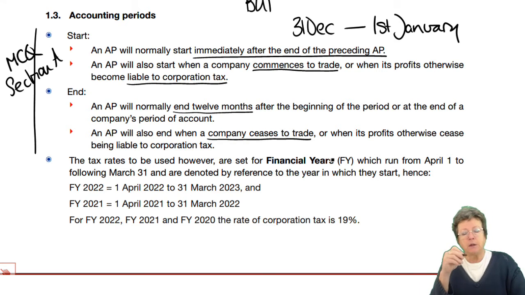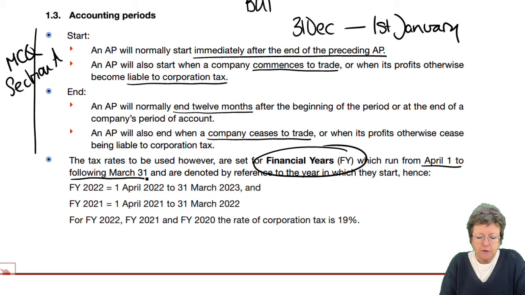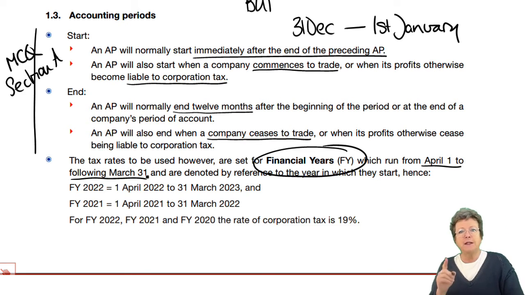Now, companies pay their corporation tax based on the rate that is currently in force due to the Finance Act when those accounts take place. So all the financial years run from the 1st of April to the 31st of March. That's different to the income tax year, which runs from the 6th of April to the 5th of April.